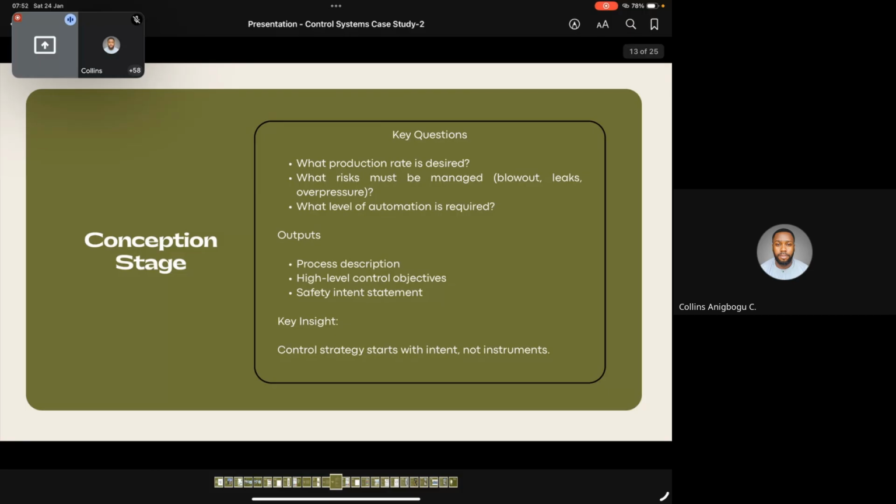Also, the regulator said that they want to know to the nearest centiliter the amount of crude I am producing from the field. So your control system also must be able to measure the amount of fluid or crude coming from the reservoir. Now, this crude, I want it separated. I want the gas to go to a flare because I don't have money to build a compressor station now.